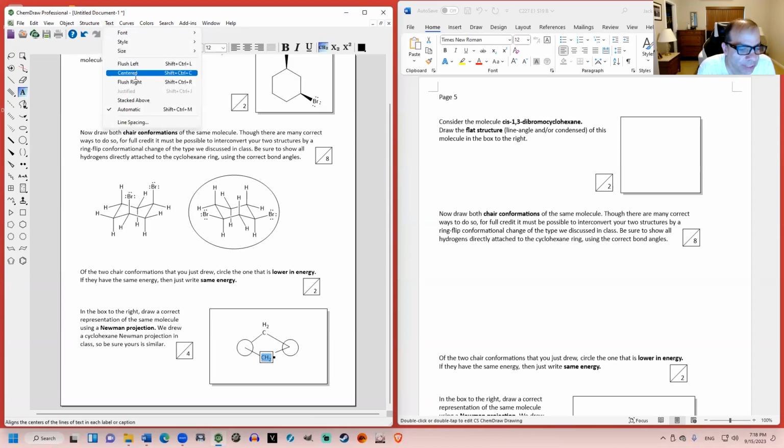Text, centered. Maybe flush right would look better. Flush left looks best.